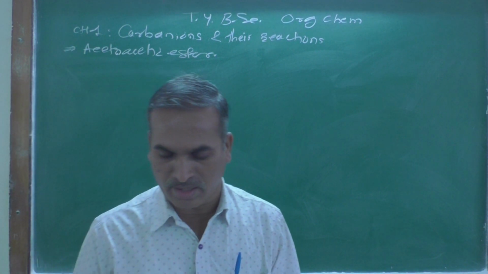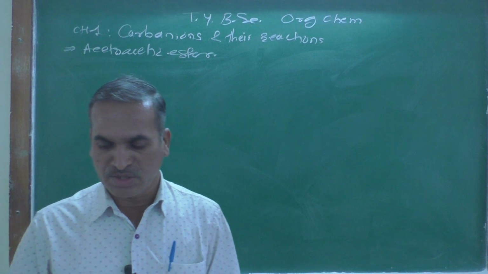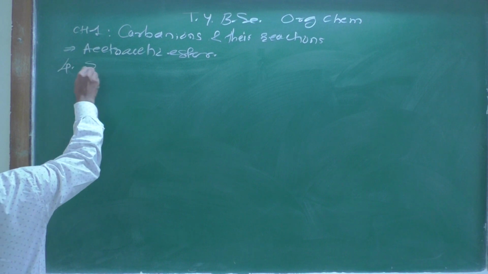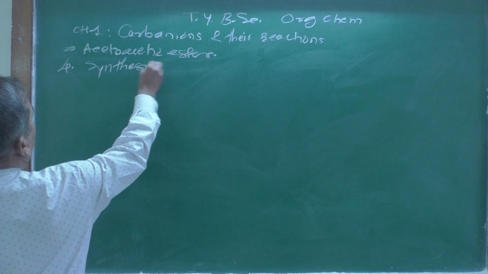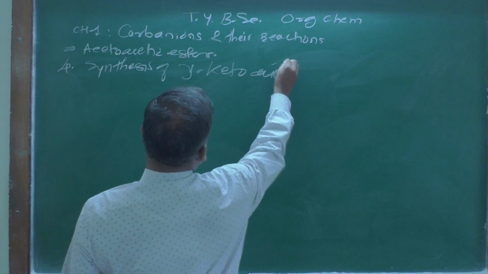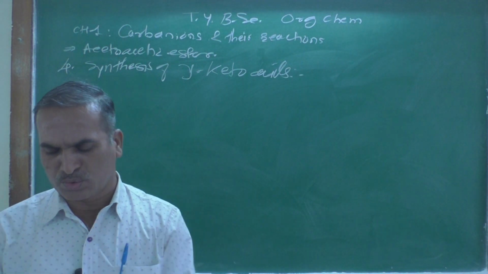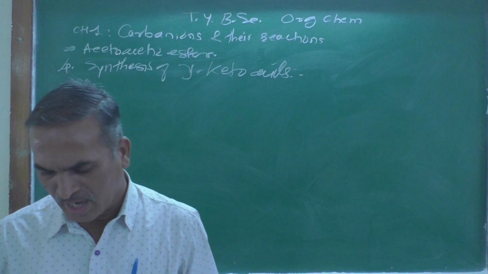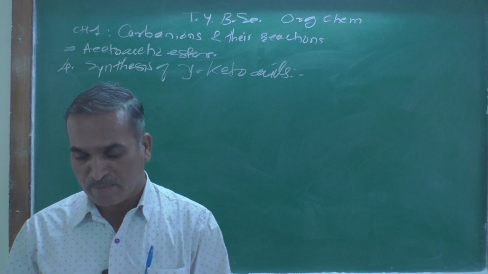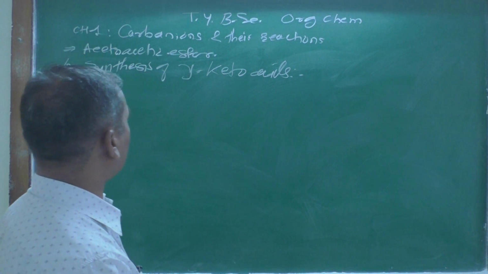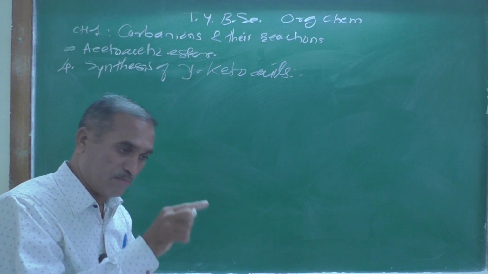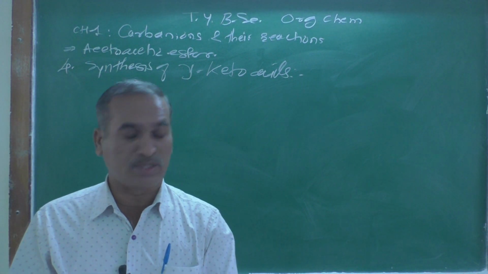Let us see the fourth one, synthesis of gamma keto acids. But you have to know what type of acid it is. So that is 4-oxopentanoic acid, that is called a gamma keto acid. This is a gamma keto acid. So at the gamma position, as we know alpha, beta, and gamma position, there is a keto group.